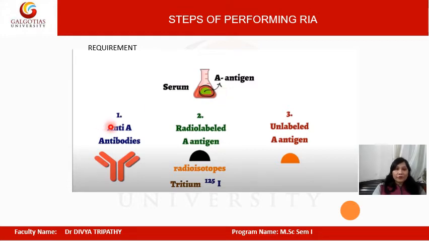The one is monoclonal A antibodies that can bind with A antigen to form precipitin band. The second thing we require is the radio labeled A antigen that is labeled with isotopic element like tritium or iodine 125. And the third thing that we need is unlabeled A antigen. So now we have four things. Now we are ready to perform this radioimmunoassay.